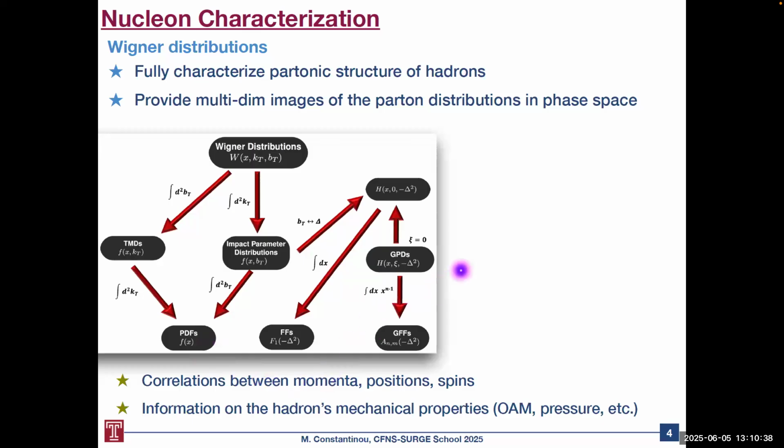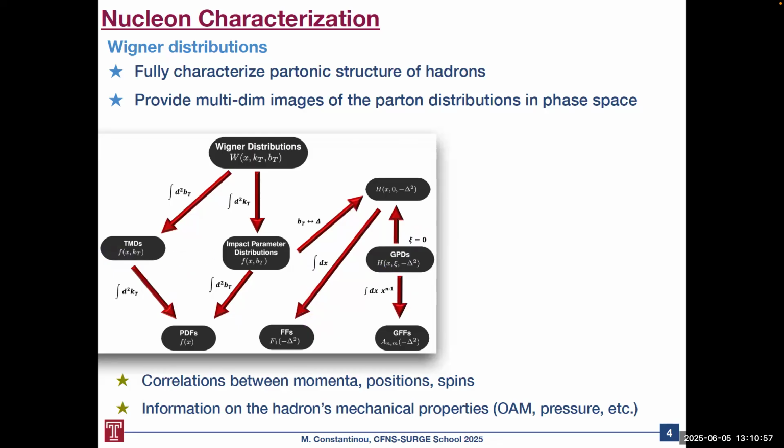But one thing that remains here is that for TMDs and GPDs, there are no arrows connecting each other. These are two distinct sides of tomography of hadrons. And if you want to get a 3D tomography, you have to study TMDs and GPDs.